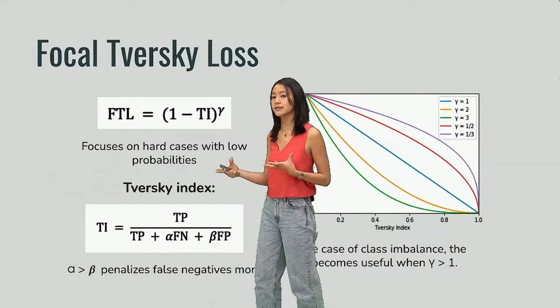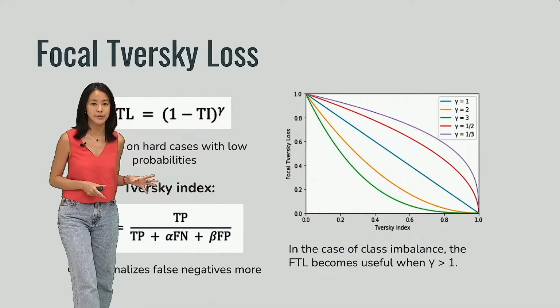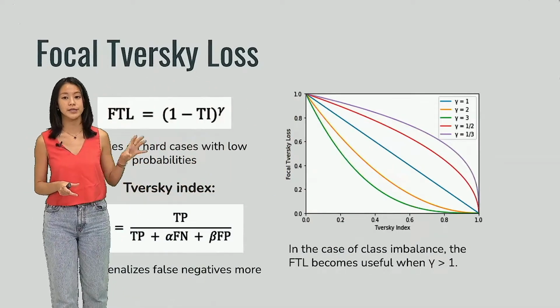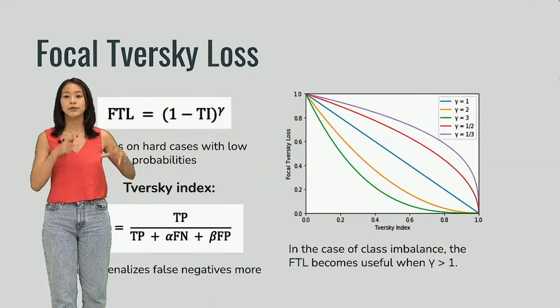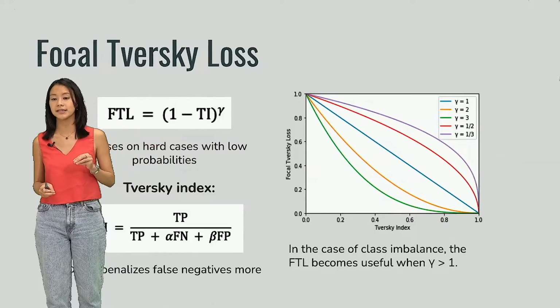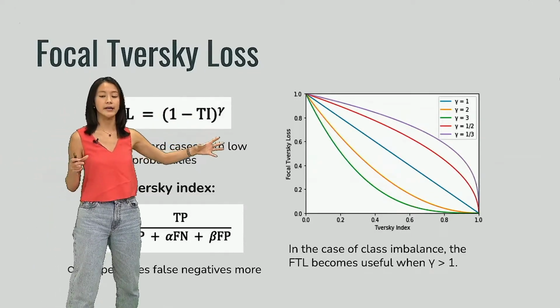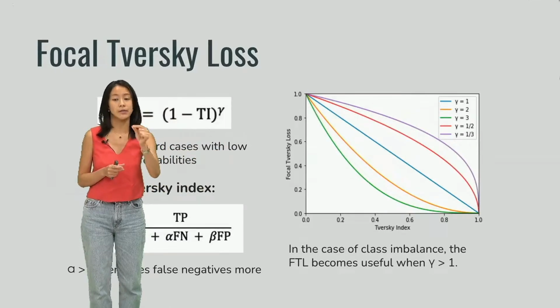And so this allows us, as I said before, to focus on harder cases with low probabilities, because what we end up doing is putting this Tversky index into a focal Tversky loss so that you can focus on the harder cases. What I mean by harder cases is, in the case of class imbalance, right? We talked about how there might be small tumors that may look like a dot on a page.